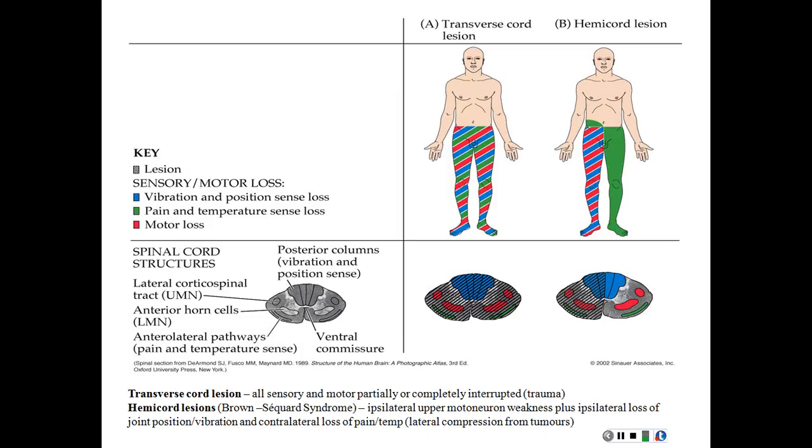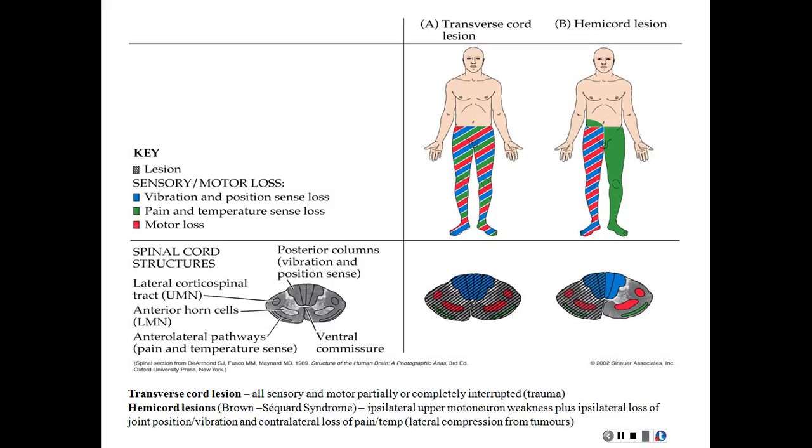But you also can get these other ones referred to as the Brown-Séquard syndrome, where you actually have a hemicord lesion. That is, only one side of the spinal cord is lesioned. Okay? Now look at our patient. There's a very peculiar presentation going on here.